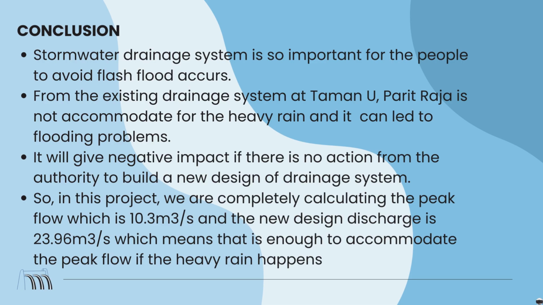It will have a negative impact if there is no action from the authorities to build a new design of the system. So, in this project, we calculated the peak flow, which is 10.3 meter cube per second, and the new design discharge is 23.96 meter cube per second, which means it is enough to accommodate the peak flow if heavy rain happens.